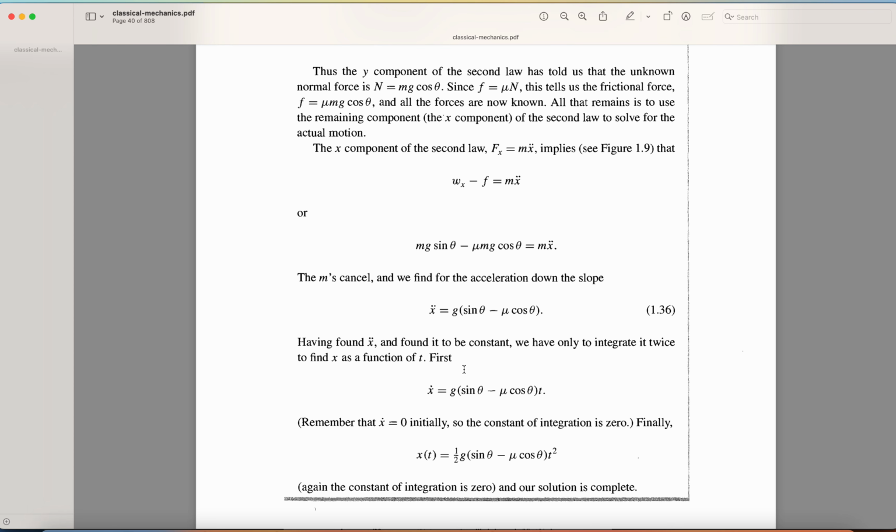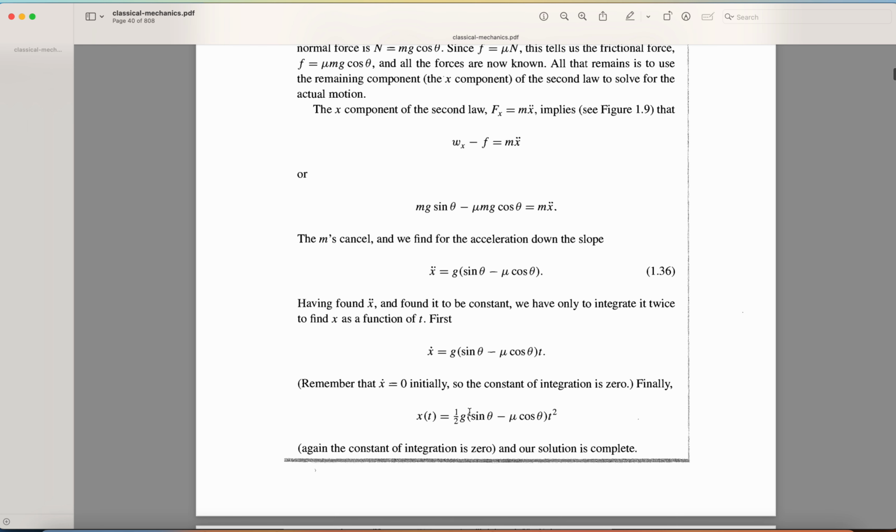So you anti-differentiate twice, or integrate twice, to find your position function. But first you only have the second order derivative.